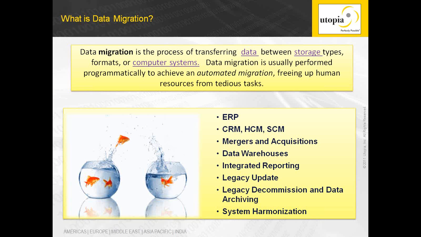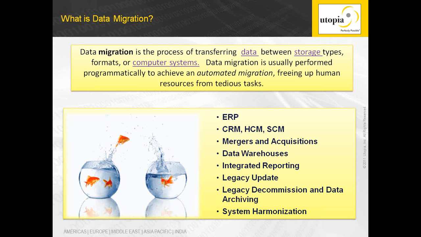Nowadays, the aim is to do this programmatically, so that as much of the data migration as possible can be automated, and that frees up human resources to do other more value-added tasks than just physically moving data from one place to another. So the sort of areas where we see data migration playing an important role is when people are implementing new ERP, CRM, HCM, SCM type systems, during the course of mergers and acquisitions where it's critical that the acquired or merging companies actually have a common reference set of data.